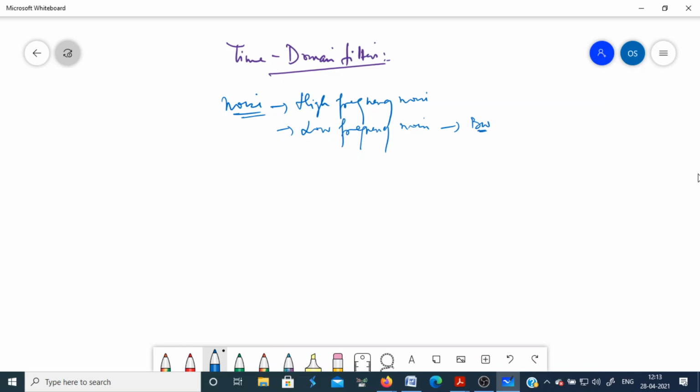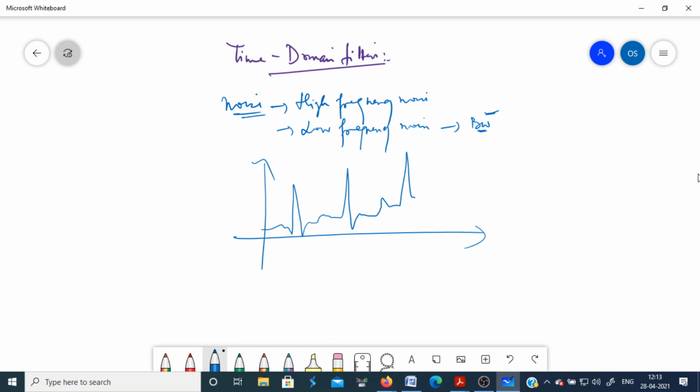The frequency of this is very low, it is generally below 1 hertz. Okay, and it causes the baseline of the signal to drift. So you have a signal like this, like this.